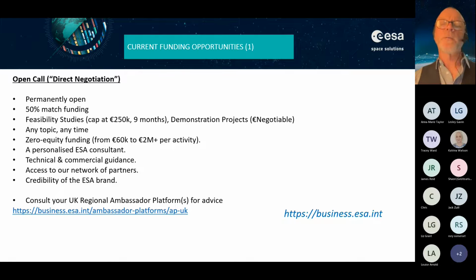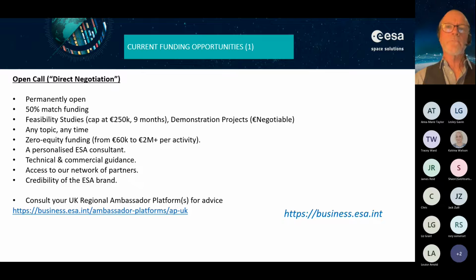Two types of projects are supported under what we call open call or direct negotiation. They are feasibility studies, and that tends to be a project that lasts less than 9 months. And there is a budget cap on that of €250K for the whole project. Whole project value. So 50% of that you will get.